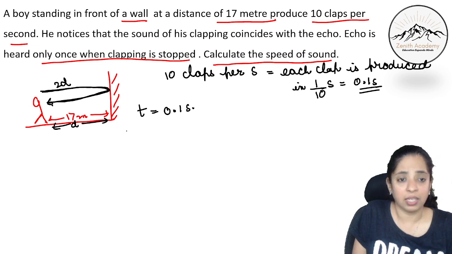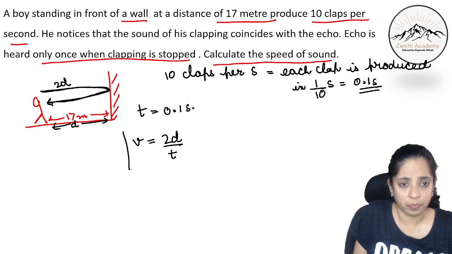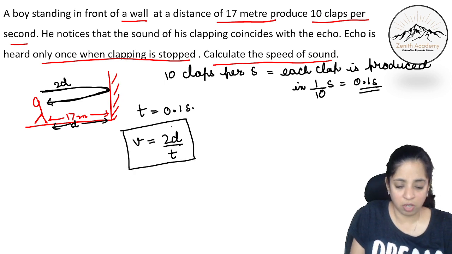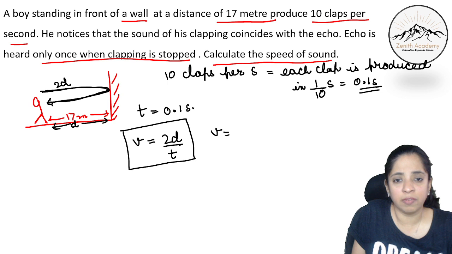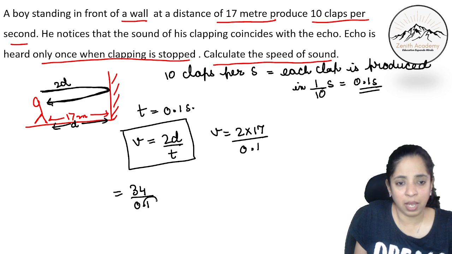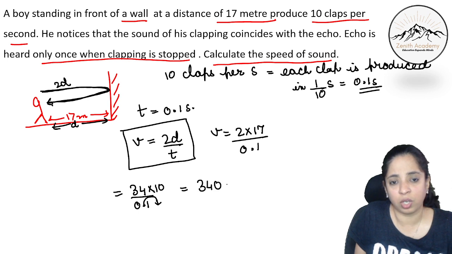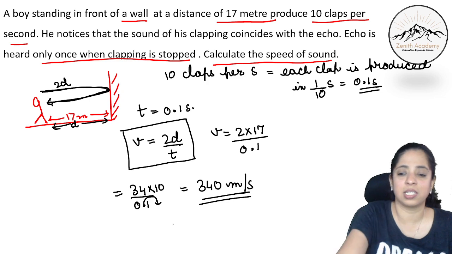In case of echo, the velocity formula is 2D by T. So velocity will be twice into distance, that is 2 into 17, upon time 0.1 second. So this will be 34 upon 0.1. If I want to remove the decimal, multiply with 10 here. So it becomes 340. Since it is velocity, it is meter per second. That's the answer.